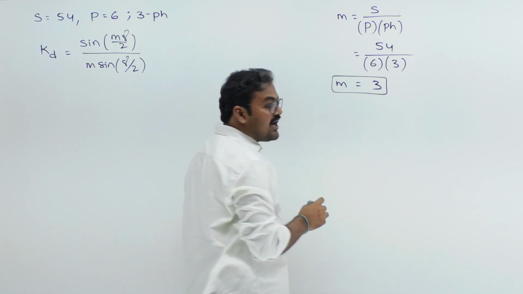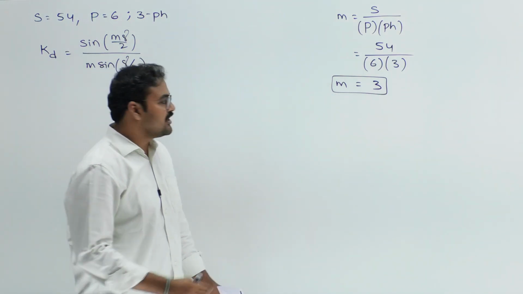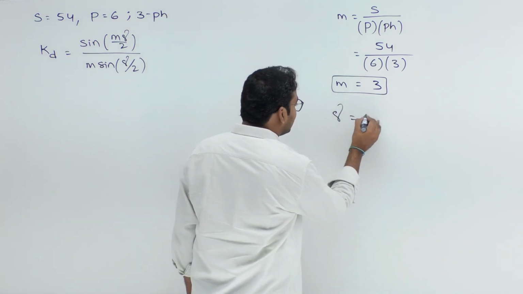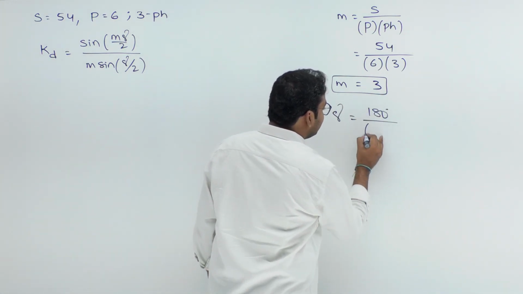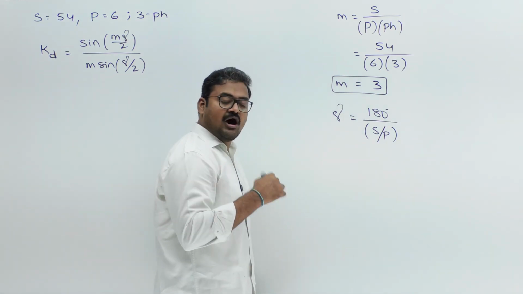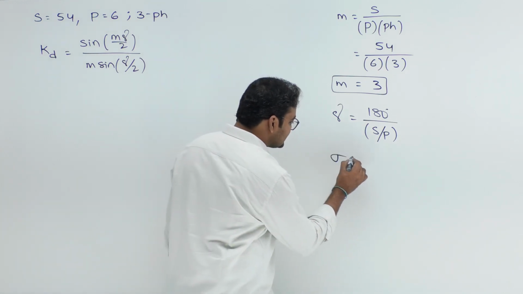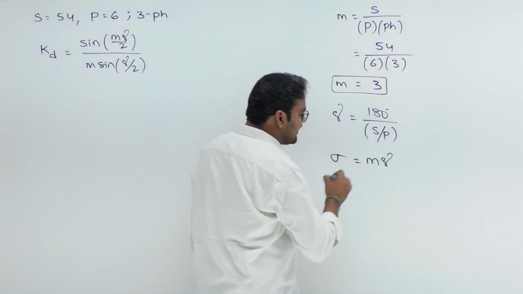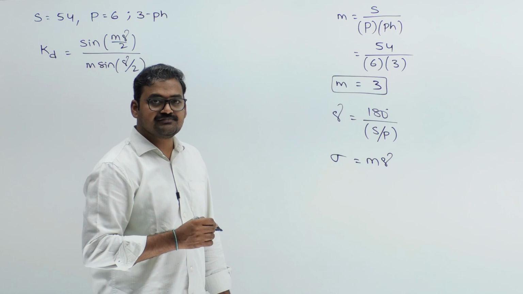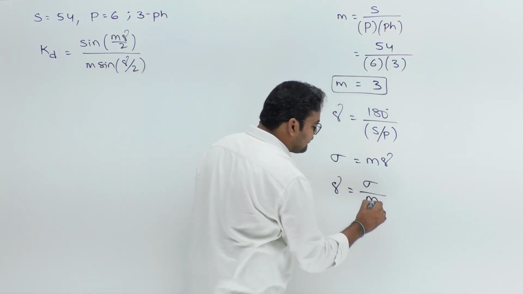Similarly, find out the gamma value. To calculate gamma, there are two formulas available. One is a direct formula, gamma is equal to 180 degrees by slots per pole. You can use this formula, or you can use one more formula, that is the phase spread. Phase spread sigma is equal to m gamma. I hope you remember this. From this, gamma is equal to sigma by m.